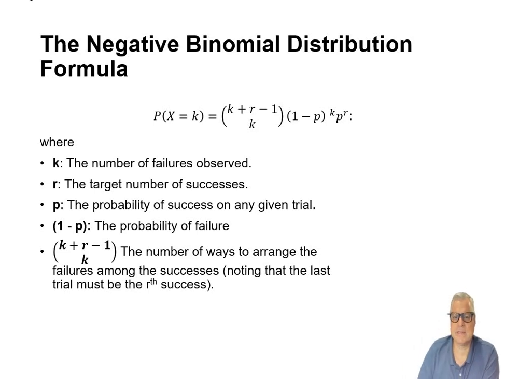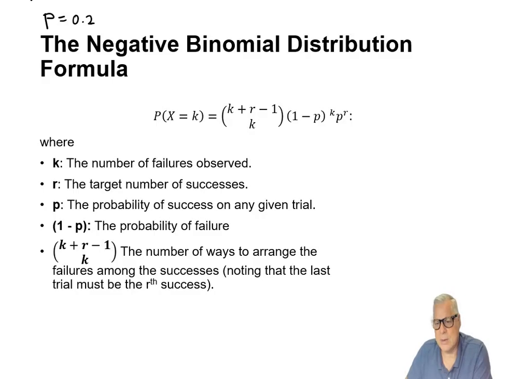Think, for example, about a goalkeeper with a success probability of saving a penalty of 0.2. So there's a goalkeeper that saves every 5th penalty. Now we want to know the probability that the goalkeeper must concede, for example, 3 penalties, doesn't save 3 penalties, before the keeper saves the second.